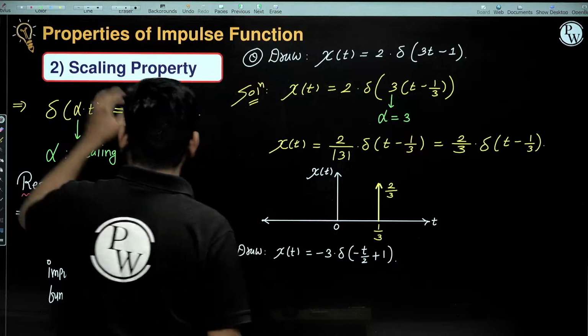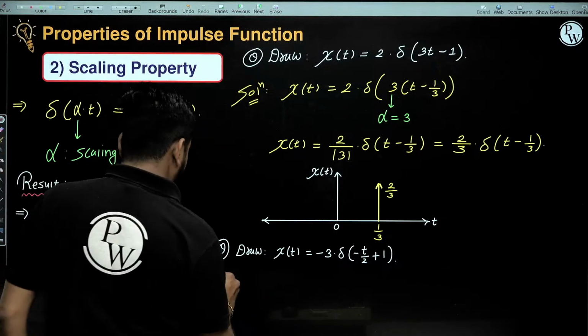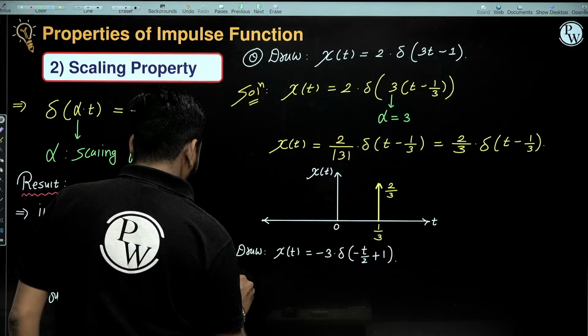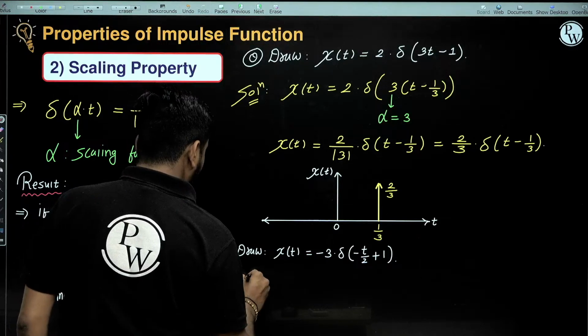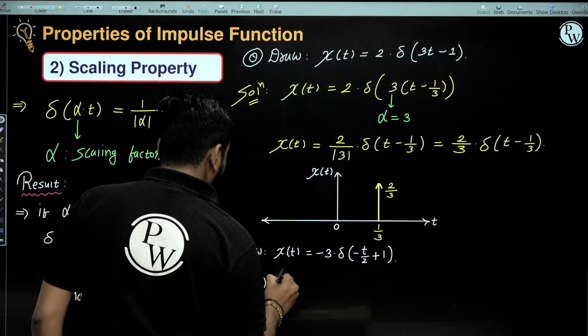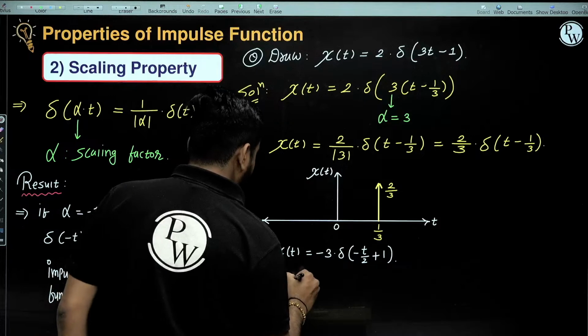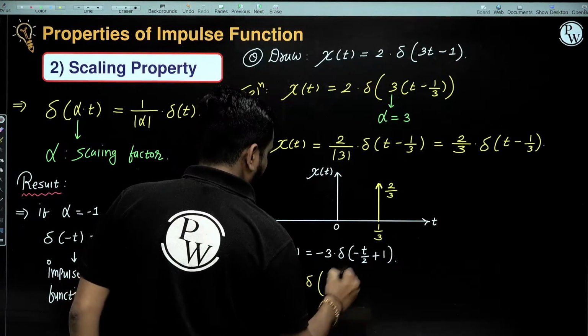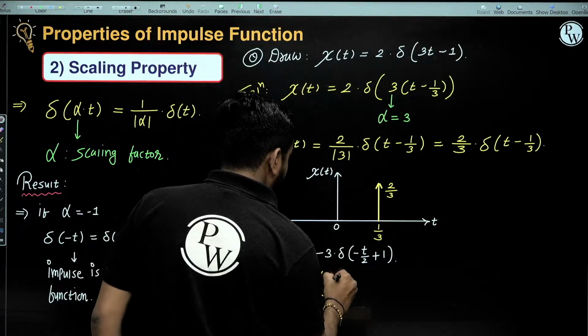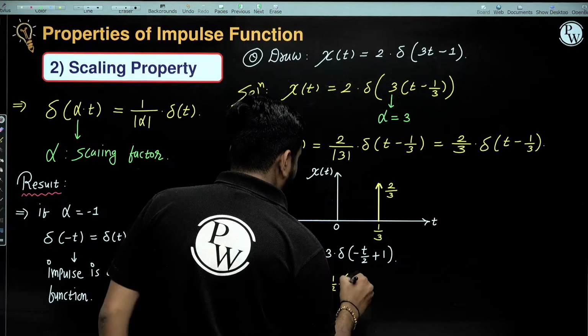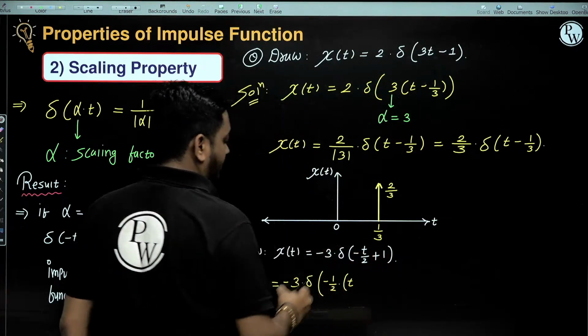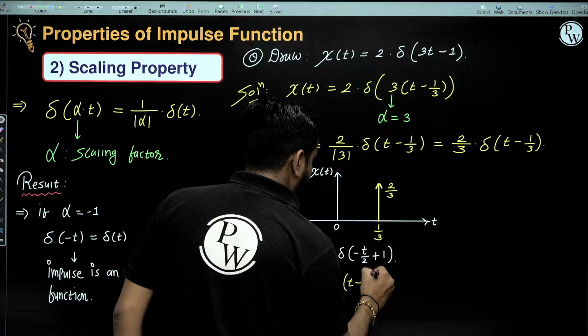Again, before using the scaling property, first of all we need to take the scaling factor common. So minus 3δ, what is the scaling factor? Minus 1/2. Take minus 1/2 common, and here (t minus 2), guys, yes or no?